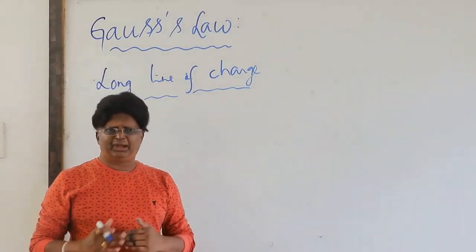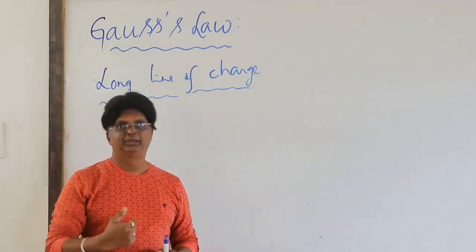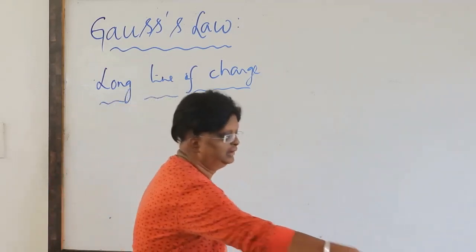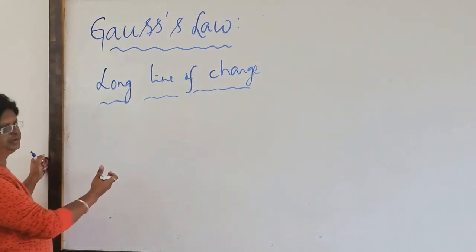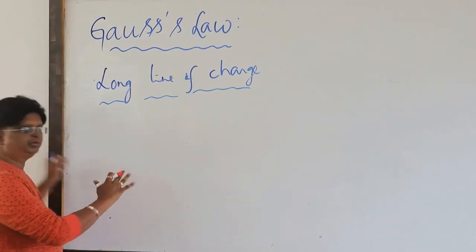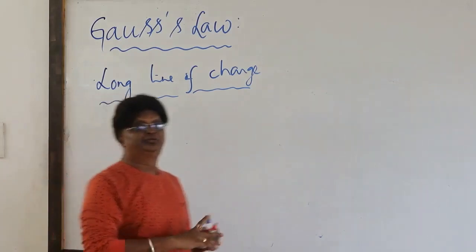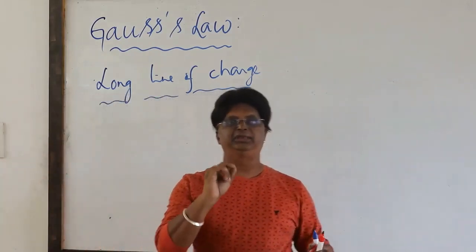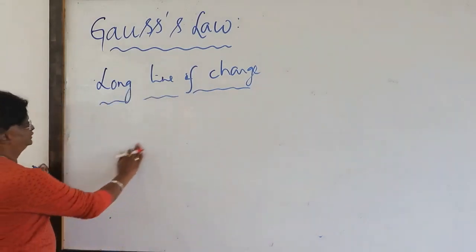Now what do we mean by such long or infinite, not finite length? Let us see this beautiful concept. This is my representation, and this is the entire physics. From this representation, you can easily make your notes and derivations.